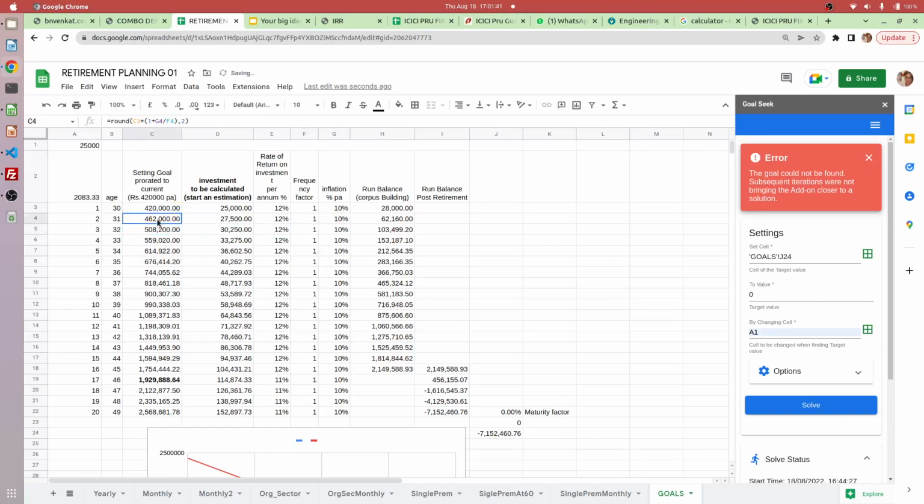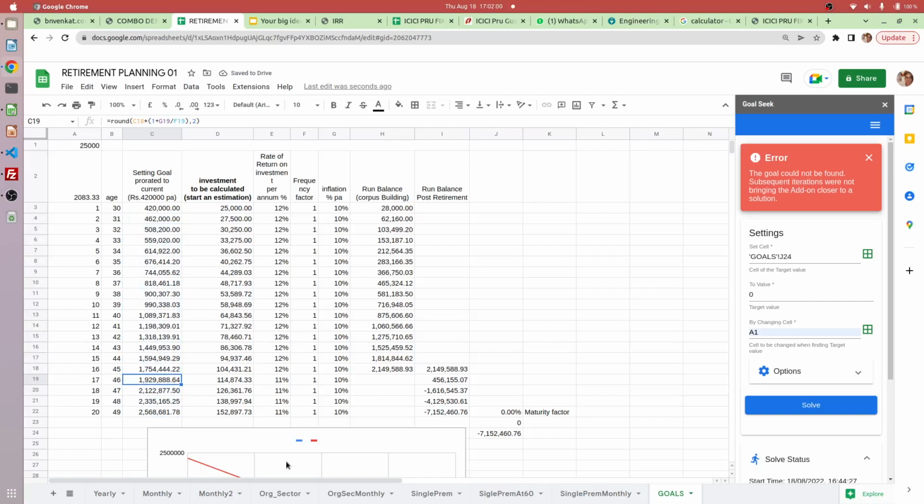This is 10% over 4,20,000, which is 42,000. Sorry, 4,20,000 becomes 4,62,000, and let us copy this field to the subsequent ones.